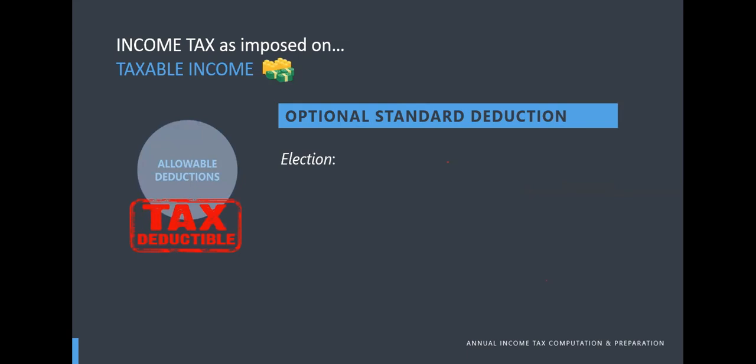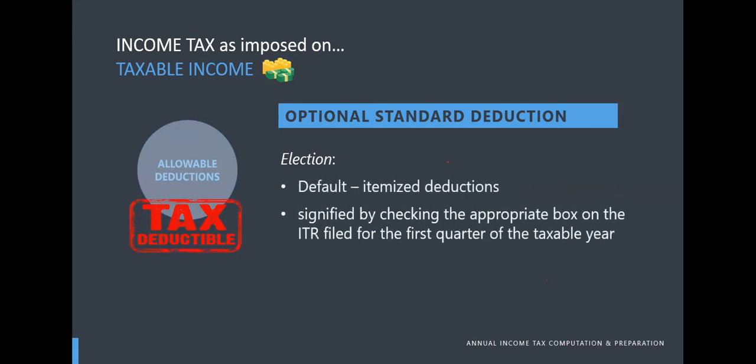Optional, the method of deduction can be elected by signifying, by checking the appropriate box on the ITR. So the default is usually itemized deductions. Failure to elect the optional standard deduction would automatically make the deductions itemized.